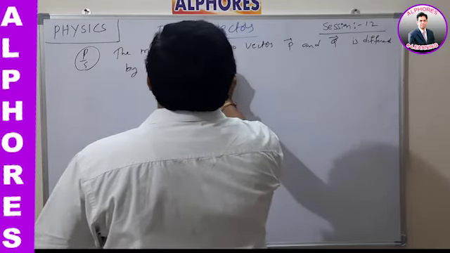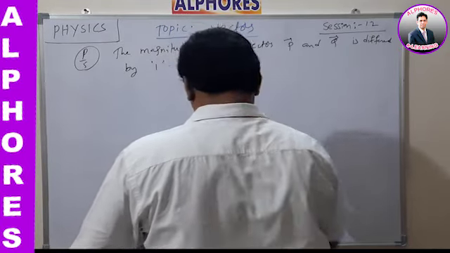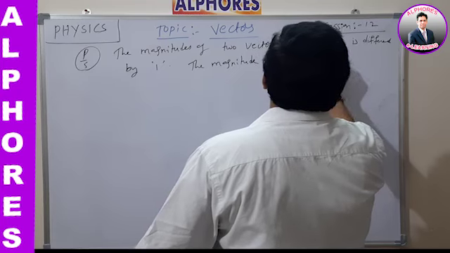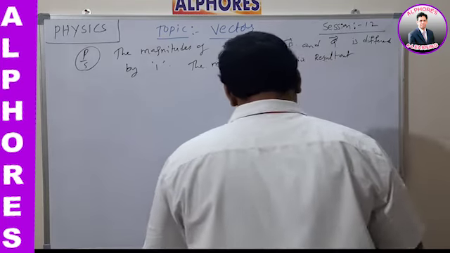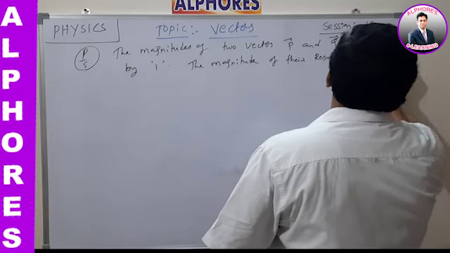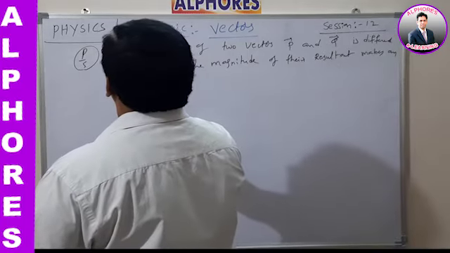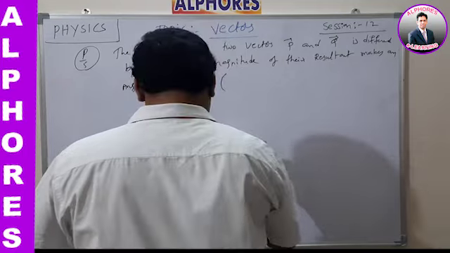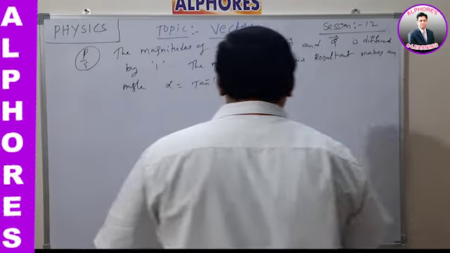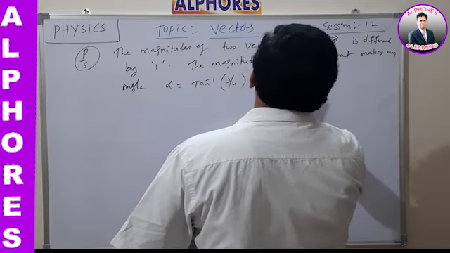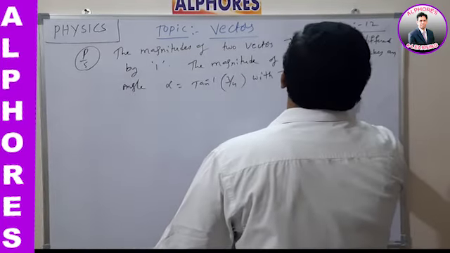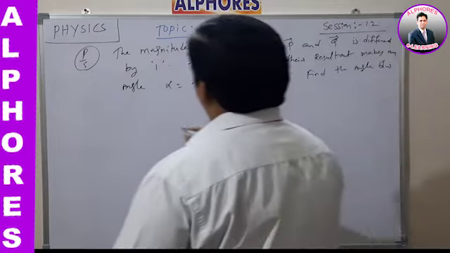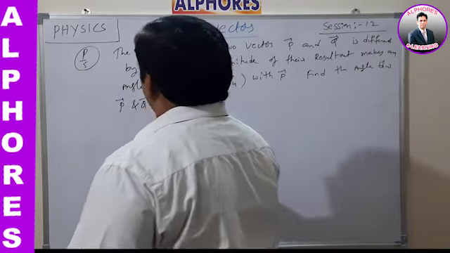The resultant makes an angle alpha equal to tan inverse 3 by 4 with the first vector P bar. Find the angle between P bar and Q bar.